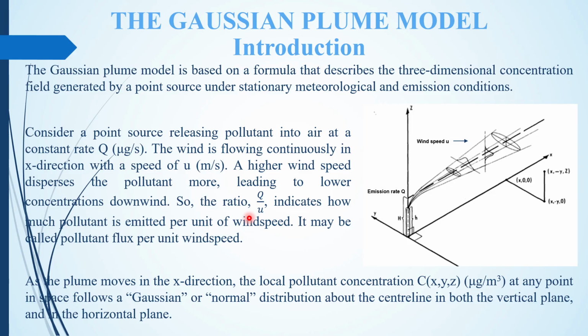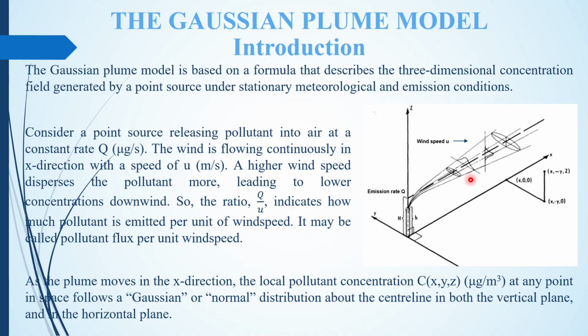As the plume moves in the x direction, the local pollutant concentration C at any point in space follows a Gaussian or normal distribution, that is, follows a bell-shaped curve about the center line. This is the center line in both the vertical plane here and also in the horizontal plane.